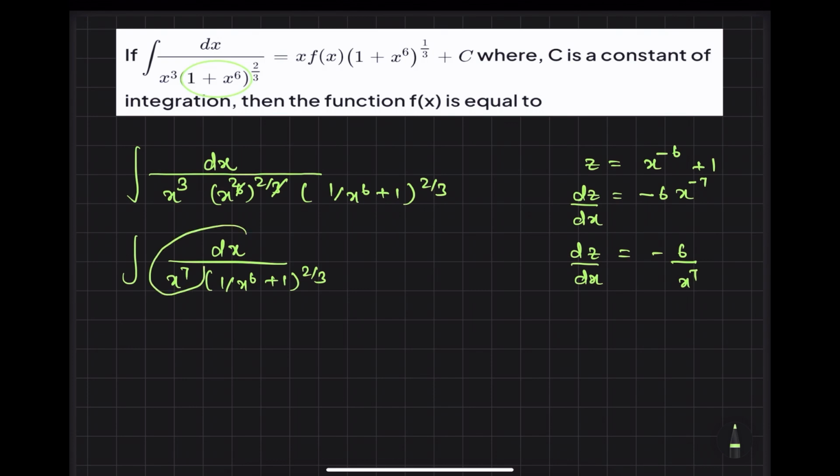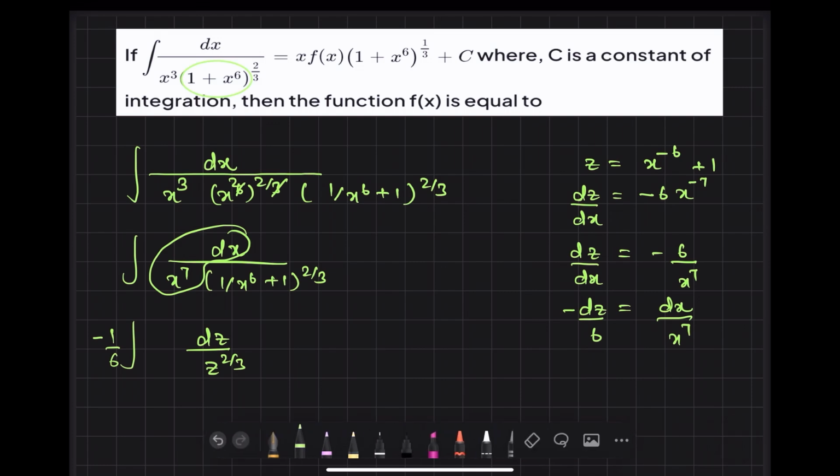And look at this, you have x power 7. So can I write minus of dz by 6 equals dx by x power 7? So you can apply the replacements. So minus of 1 by 6 dz by z power 2 by 3. Now look at this, how much things got simplified.